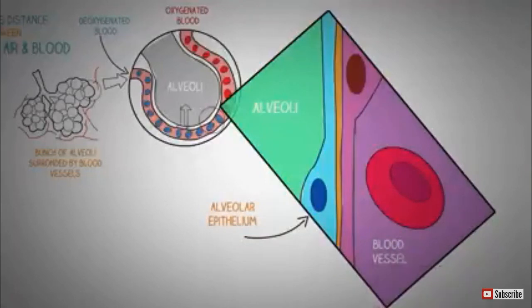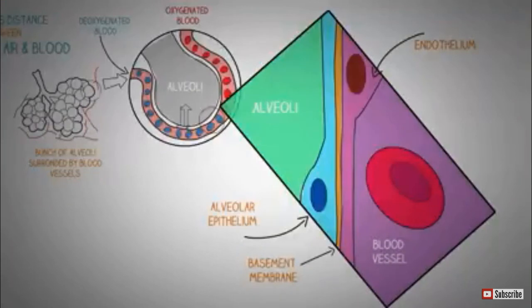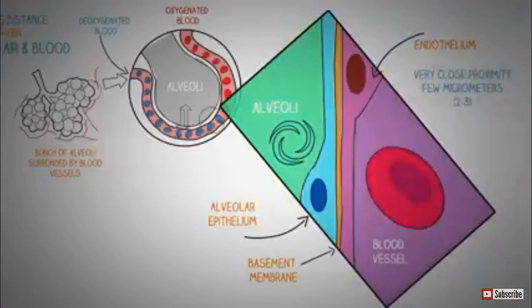On the other side, we have the blood vessels which contain the RBCs, and the wall of the blood vessel is the endothelium. In between them is the basement membrane which separates these two cell layers. So you can see clearly that the air that we inhale in the alveoli is in very close proximity, approximately a few micrometers, to the blood vessel.